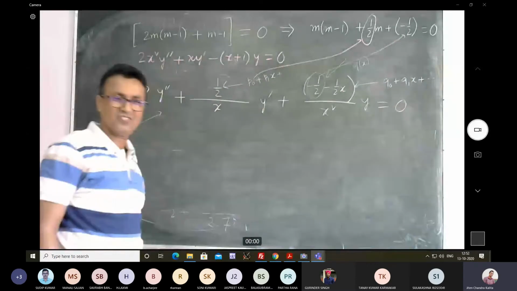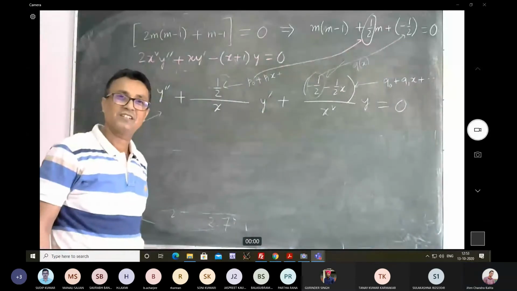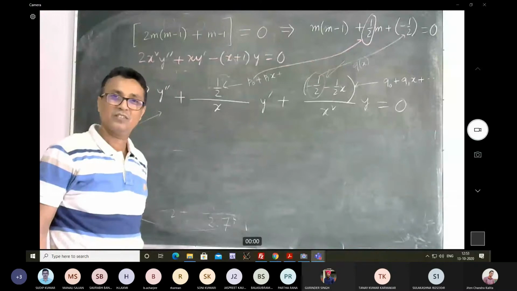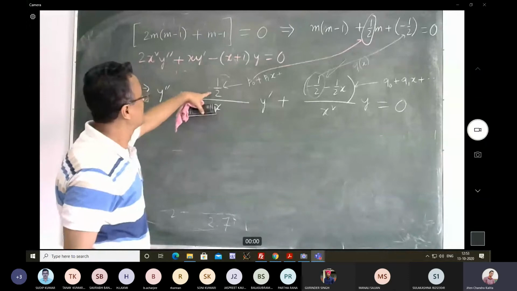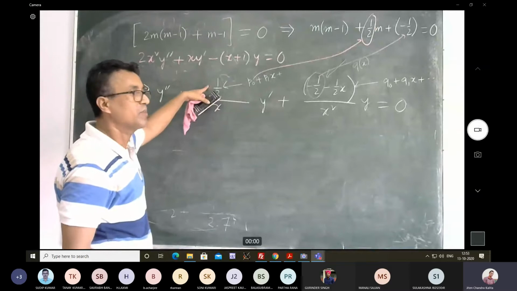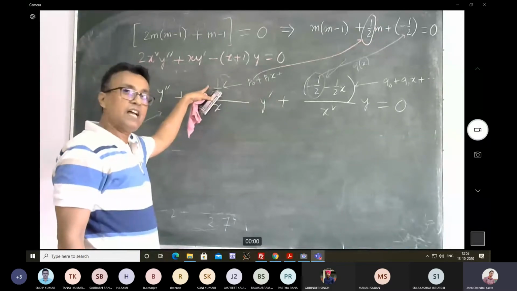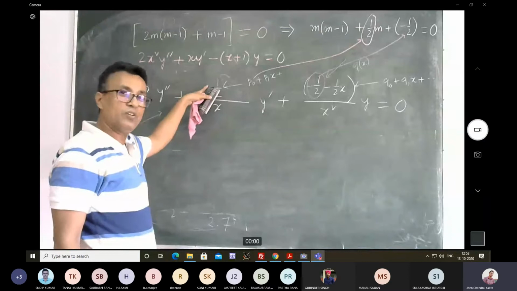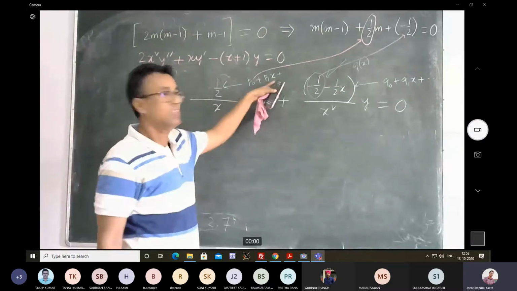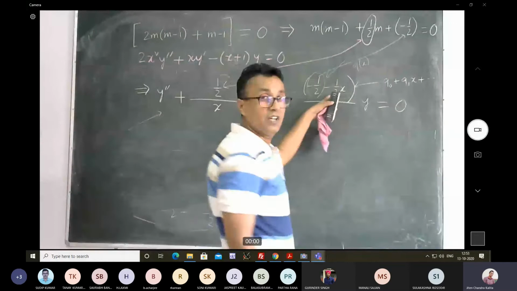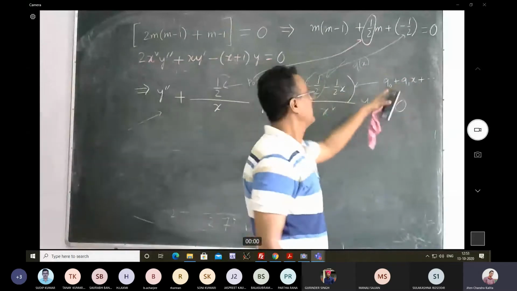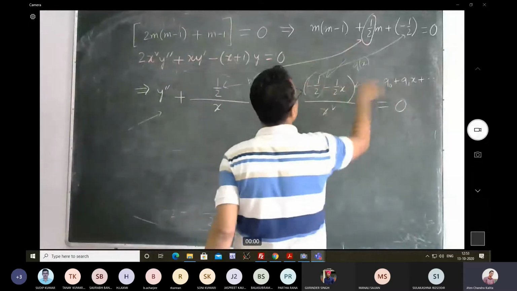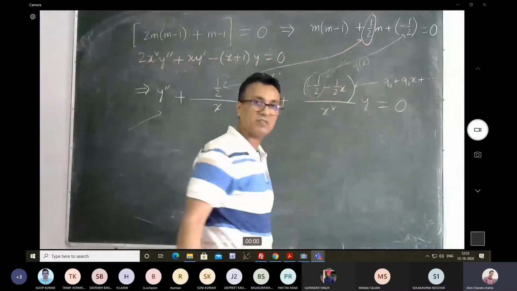Is it okay? Fine. If I assume the coefficient, of course x is here, the numerator p(x), to be an analytic function about x equal to 0, so that I can get an infinite series of this type, and similarly for small q(x) as an infinite series in this shape, then your P naught and Q naught would have been given by half and minus half respectively.